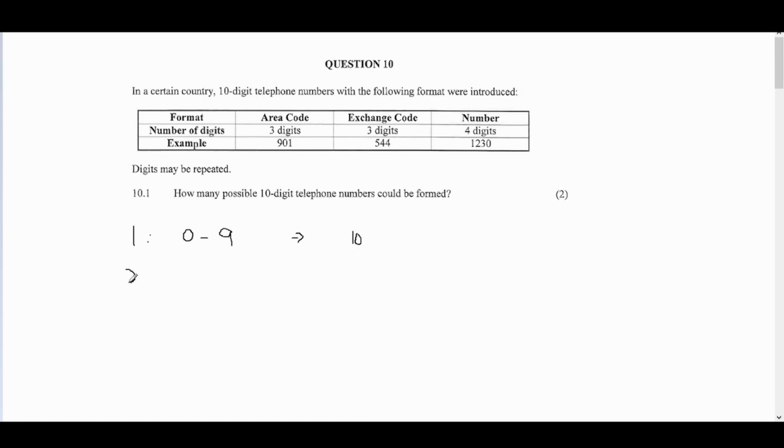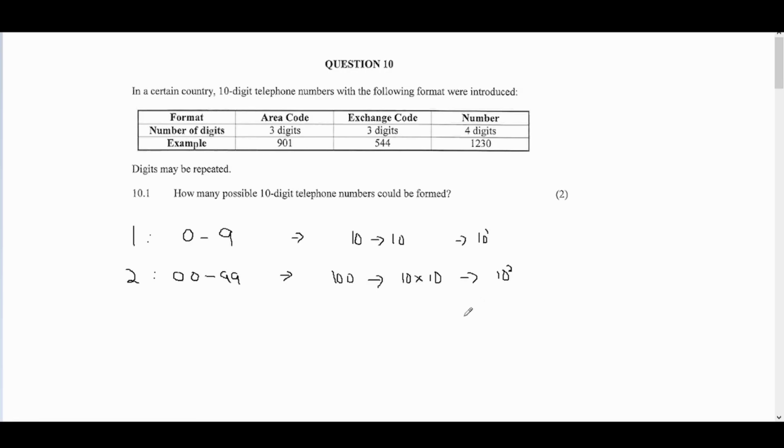If we did it with 2 digits, that is 0 to 99, which is 100 numbers. Another way of writing this is 10 multiplied by 10, or 10 squared. And the 1 digit case is just 10 to the 1.